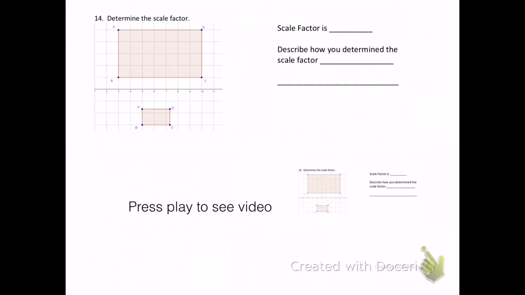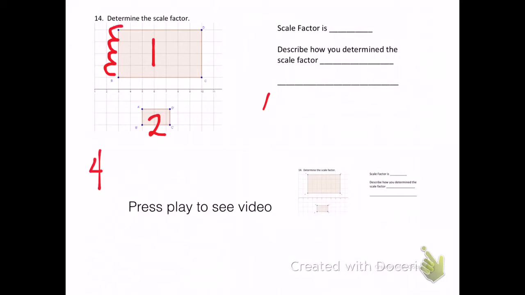Determine the scale factor. So to determine the scale factor, you want to see how much larger or smaller the image is. So the pre-image is this one because it has no marks, and this is my image. So if I count a side, I know I have 1.5 from A prime to B prime, and I have 1, 2, 3, 4.